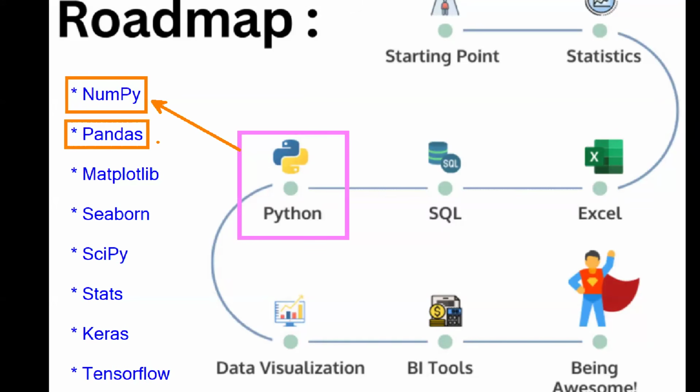Whereas pandas can be used to manage data sets. Like you want to create data sets, data frames. I want to read data from a file, write data to a file. Okay? Can use pandas.